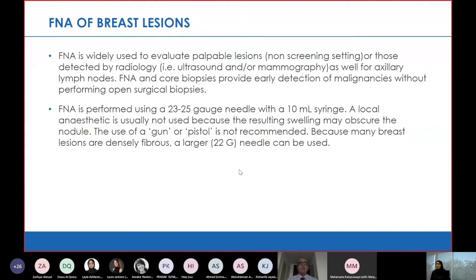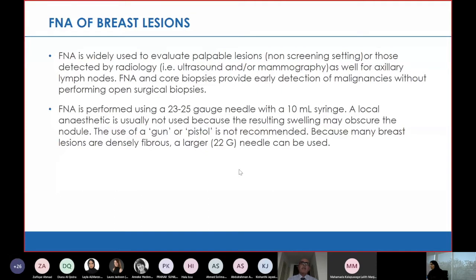It's used with a 23 or 25 gauge needle, and it can be done either with aspiration or without aspiration. Without aspiration was the preferred method, pioneered by the French school, Dr. Jacques Delat, at the Curie Institute in the 80s and 90s, because the yield of cells is still very good without aspiration in a cellular lesion, but most importantly, the blood staining decreases significantly compared with when we apply aspiration.